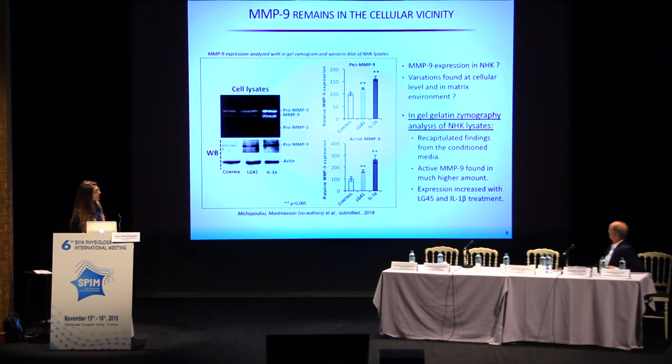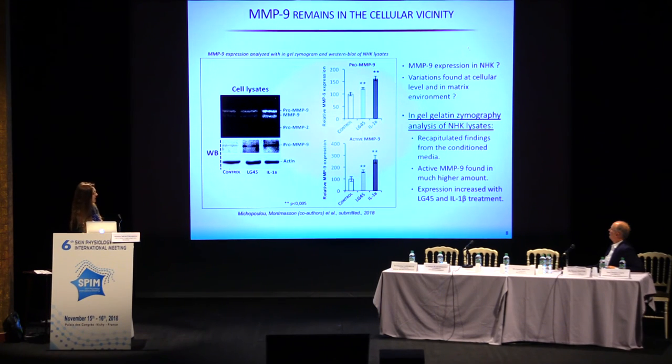So then we analyzed the MMP9 expression in NHK lysates in order to know if the variations were found at both cellular level and in the matrix environment. Our in-gel gelatin zymography revealed that the MMP9 expression recapitulated findings from conditioned media, except that the active form was found in much higher amount.